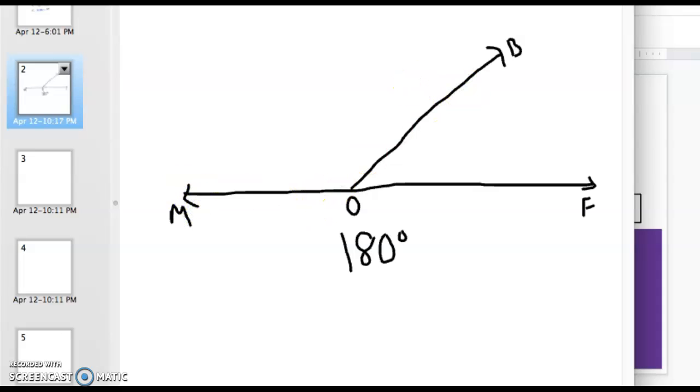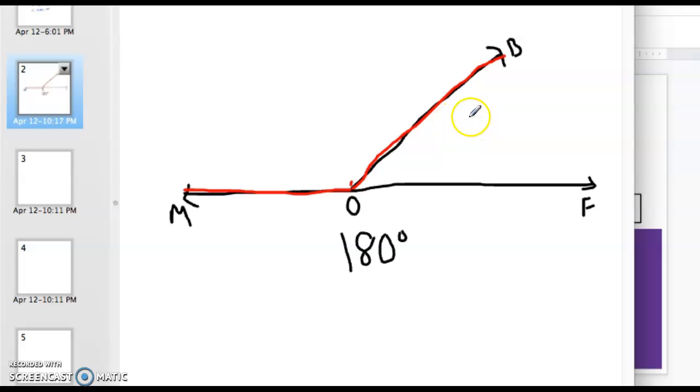That's two different angles, and for reference I'm just going to do this one in red. This one over here would form a second angle, and the same ray would be used for both of these angles. Let's say for my angle BOF, it's definitely going to be under 90 degrees because 90 degrees would make a perfect square corner.